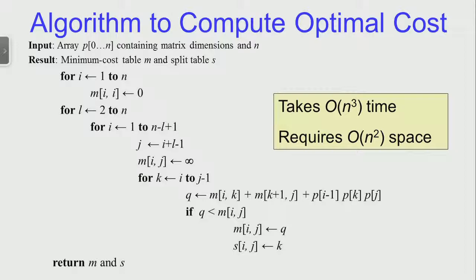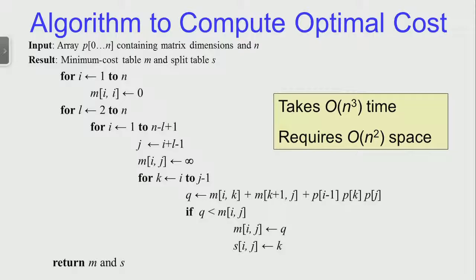The outer for loop, which is indexed by the variable L, iterates over the diagonals. The next for loop is set up to instantiate each element in the appropriate diagonal, and the innermost for loop is the one that evaluates the value of the min cost parenthesization.